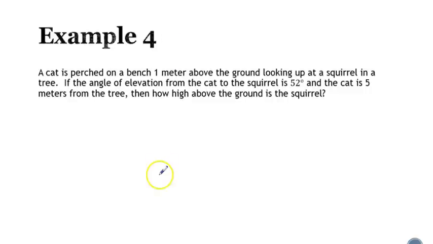Another popular twist that they do on questions is they sometimes have the object's viewing point situated somewhere above the ground. So in this case, we have a bench being described. And on this beautiful bench right here, we have a cat that is looking off towards a squirrel in a tree.